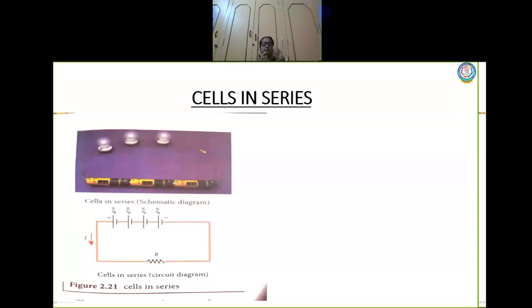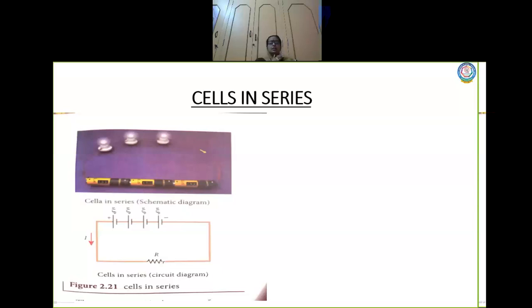It depends purely on two factors: one is the internal resistance, the other is the resistance connected outside. What is the value of the resistance of the resistor? So connecting cells together, which will be better? Whether we have an advantage if we connect the cells in series or in parallel, that is what we are going to discuss here.